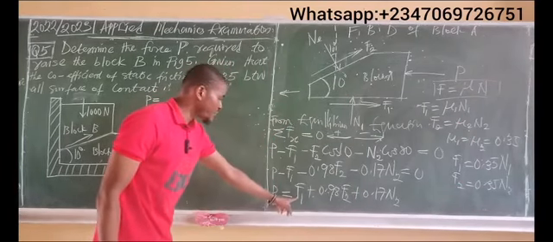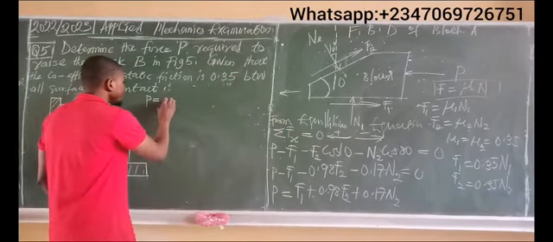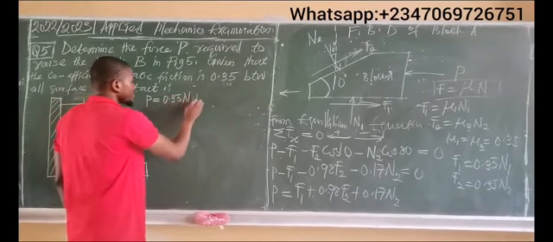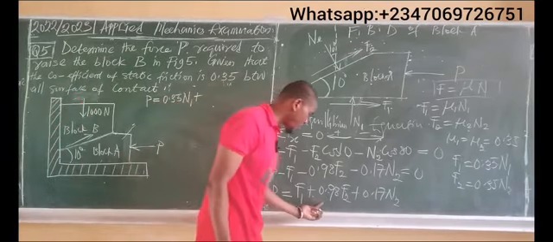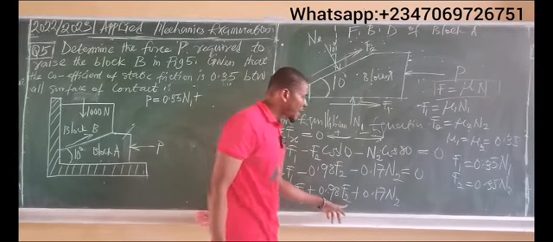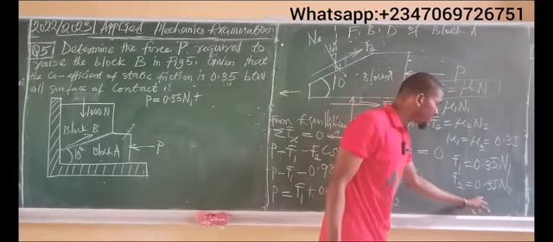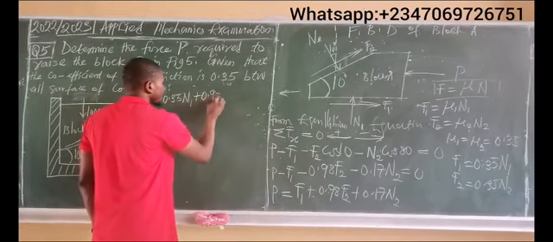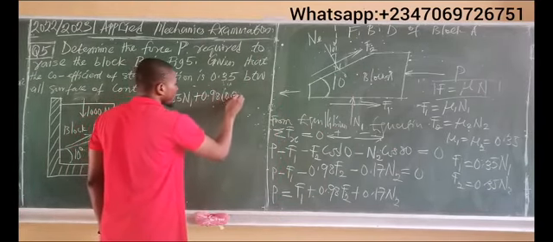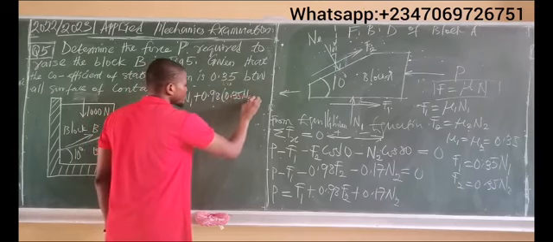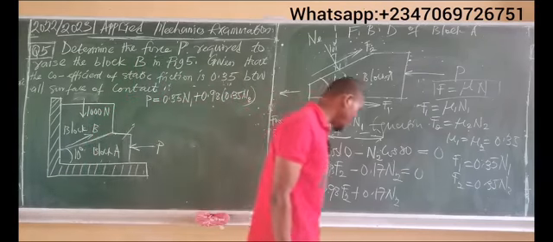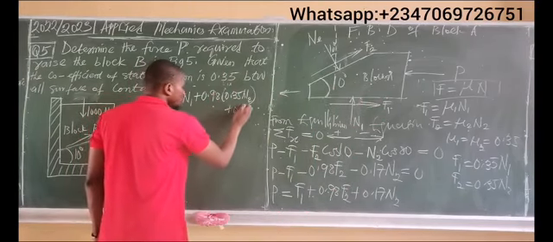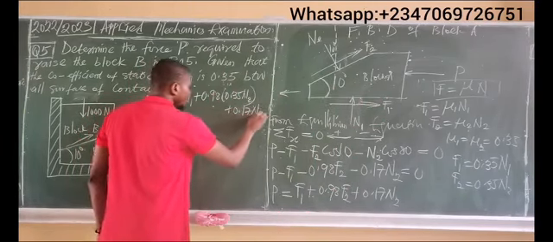So in place of F1 in this equation, P equals 0.35 times N1 plus, here we have 0.98 F2, and F2 also is 0.35 times N2. So this becomes 0.98 times 0.35 N2, and finally plus 0.17 N2.